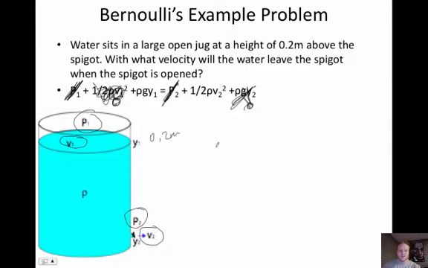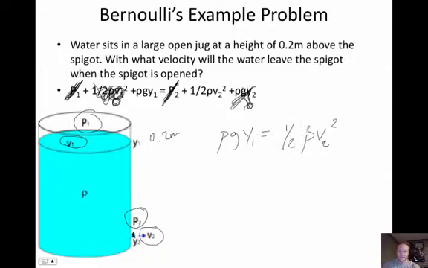So what we're left with in the end is rho g y1 equals 1/2 rho v2 squared. And one other thing I can do mathematically is cancel out the density of water, because I have rho on both sides.